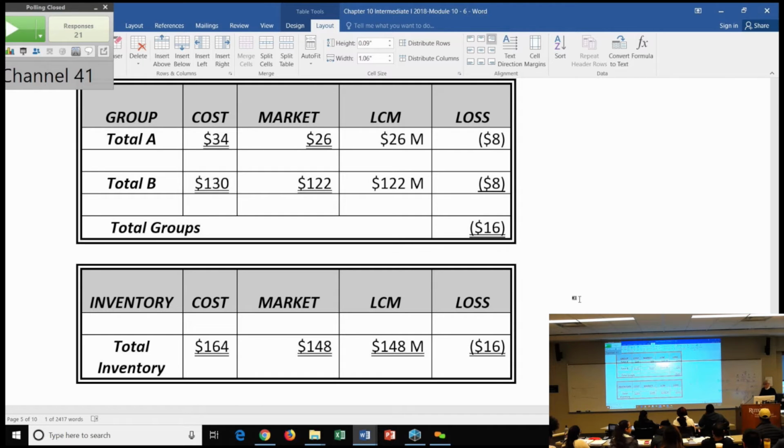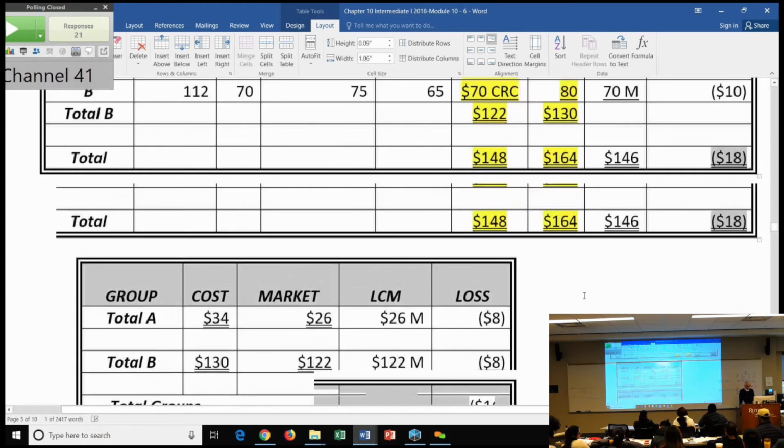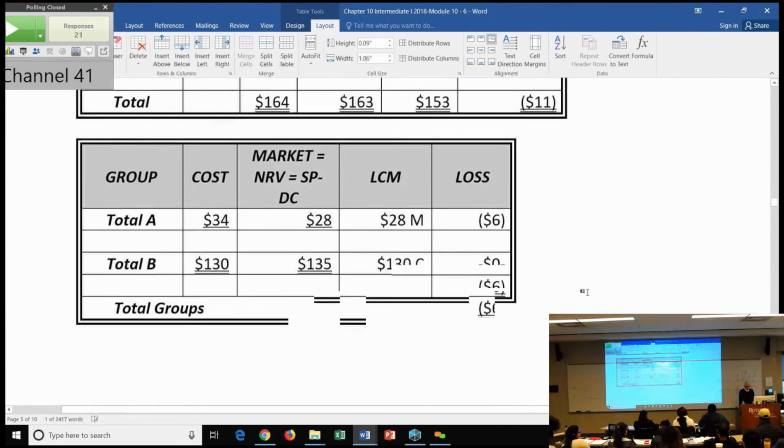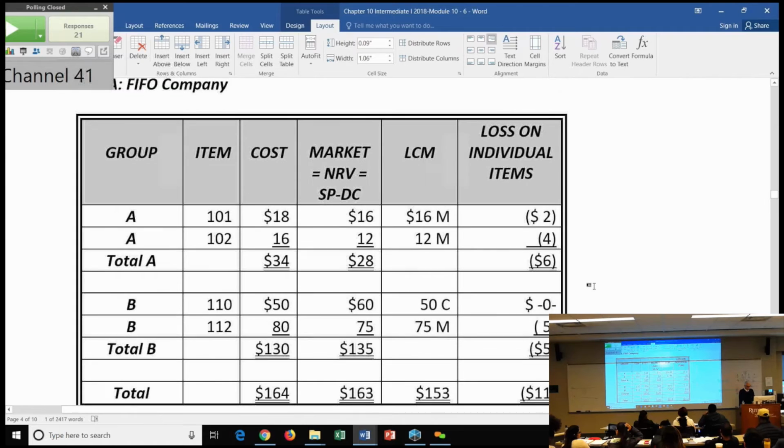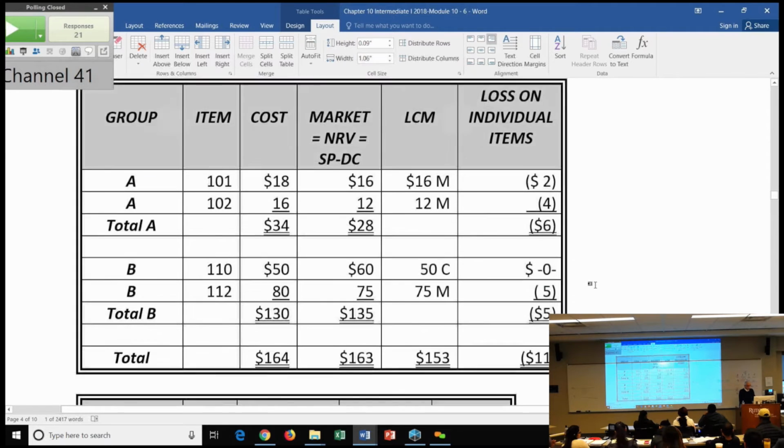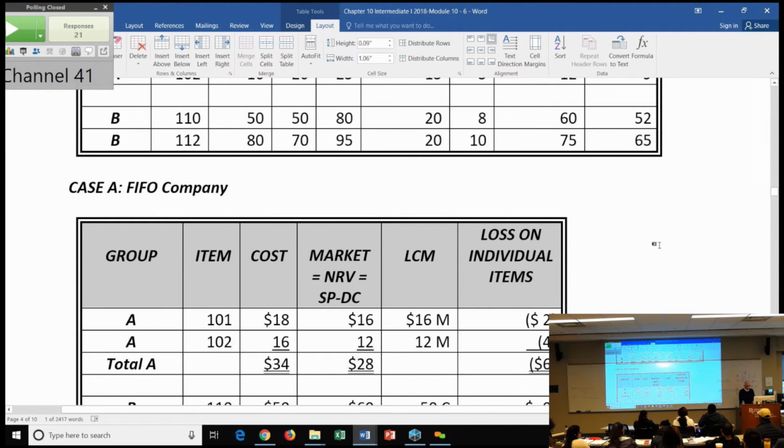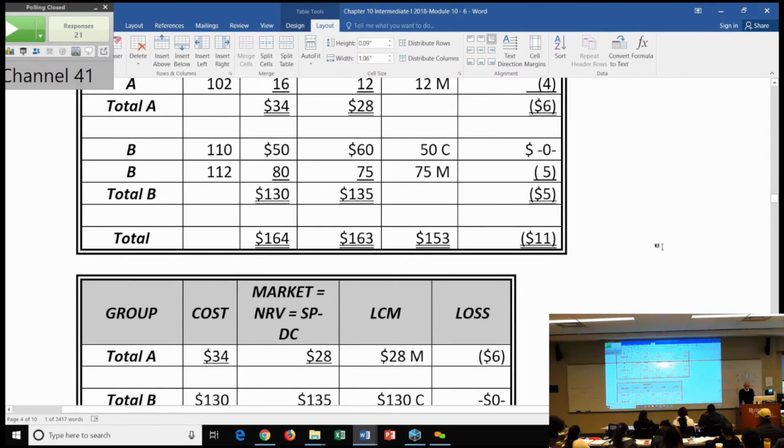So, you said that in the LIFO retail, in the individual case, for the FIFO company the loss would be lower because they're not using the ceiling and floor. It really depends, but the loss is much higher with the LIFO approach.